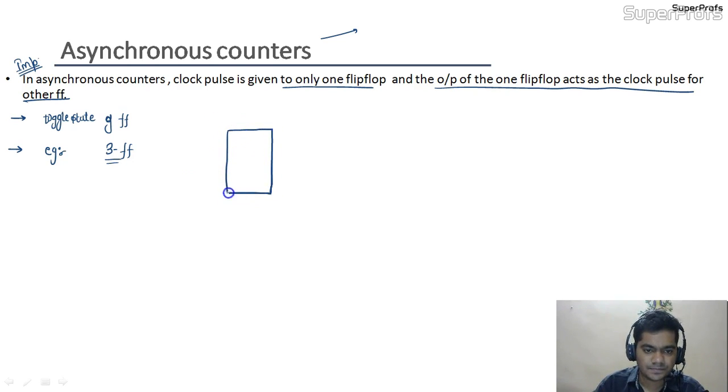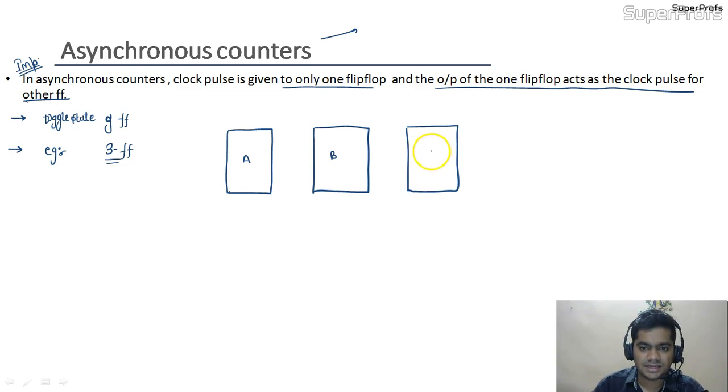This is A, this is B, and this is C. Okay, these are 3 flip-flops. If you want to take a T flip-flop, you can take a T flip-flop. If you want to take a JK flip-flop, you can take a JK flip-flop. But we have to use the toggle state.